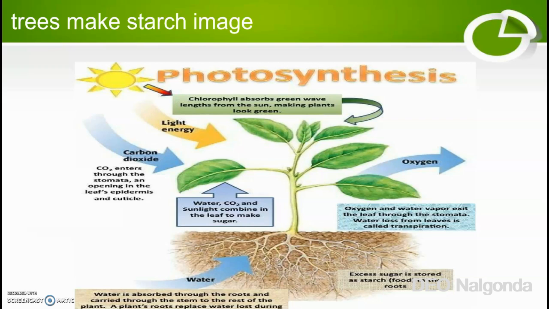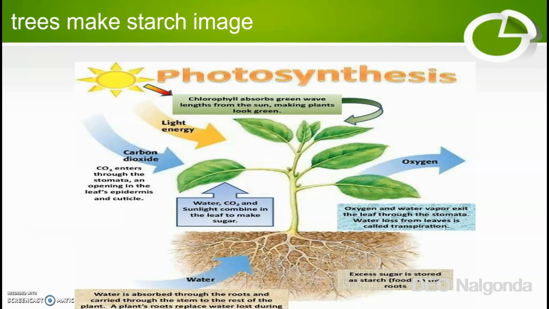So what is this process? What this figure says is that the trees breathe in the carbon dioxide from the air, and with the help of the sunlight they break up the carbon dioxide into carbon and oxygen. That is how they use the carbon to make starch, and the oxygen is let out into the air.